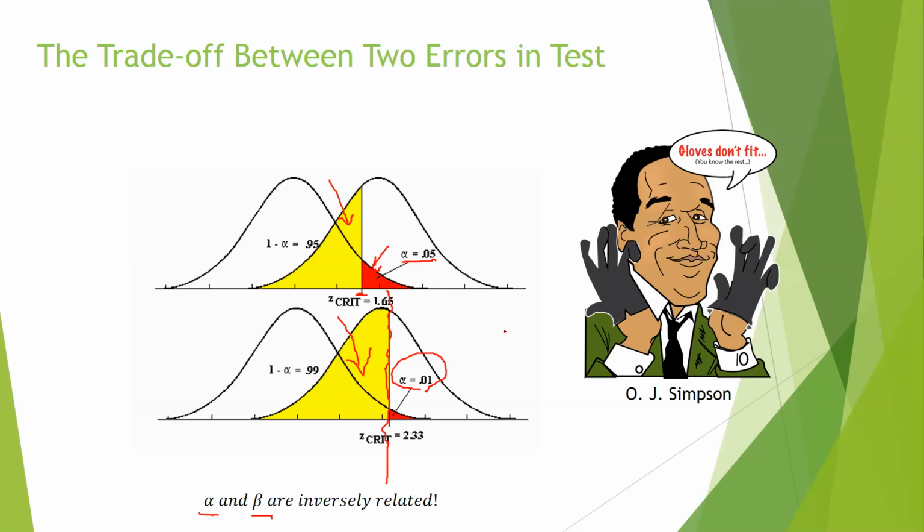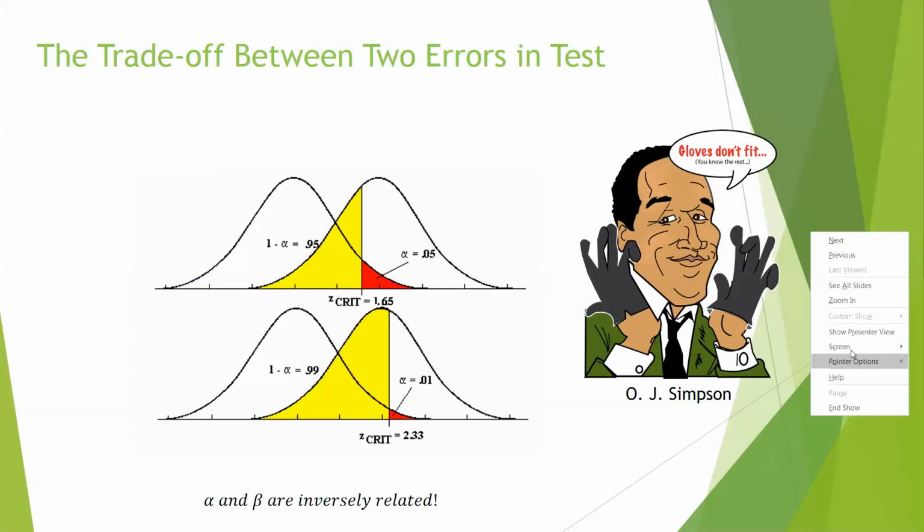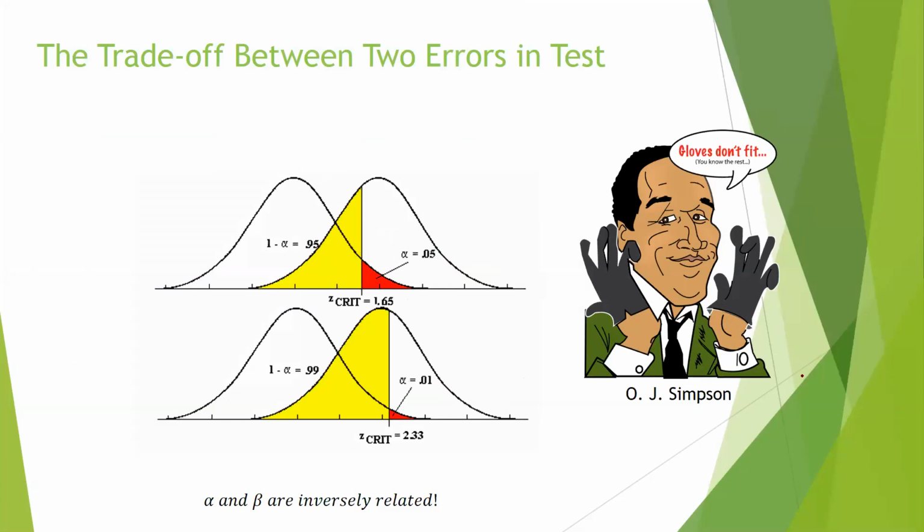I have a question about the HA distribution. Normally H null and HA follow the same kind of model. If it's normal, then both of them are normal distributions. Yes, that's right.